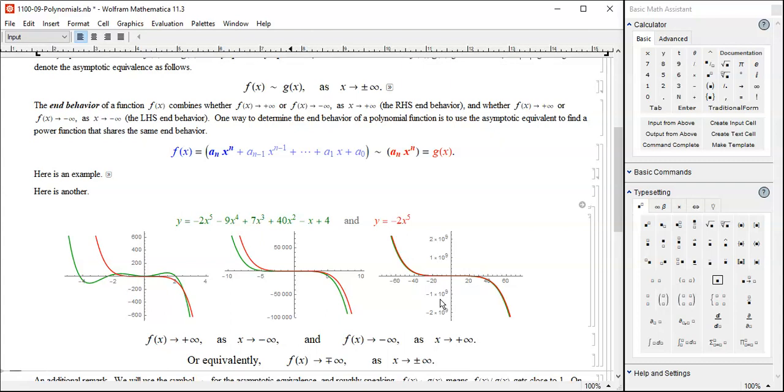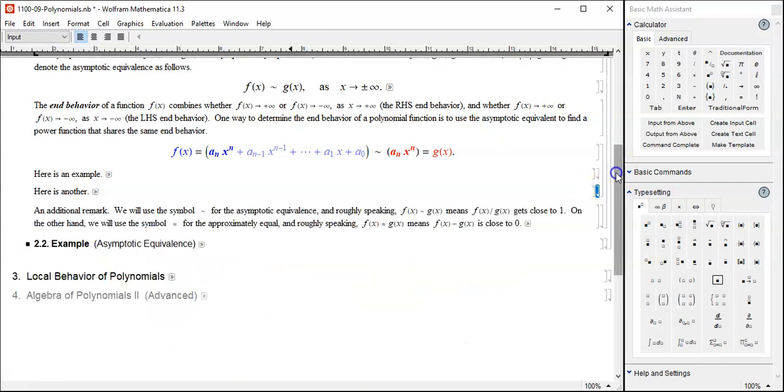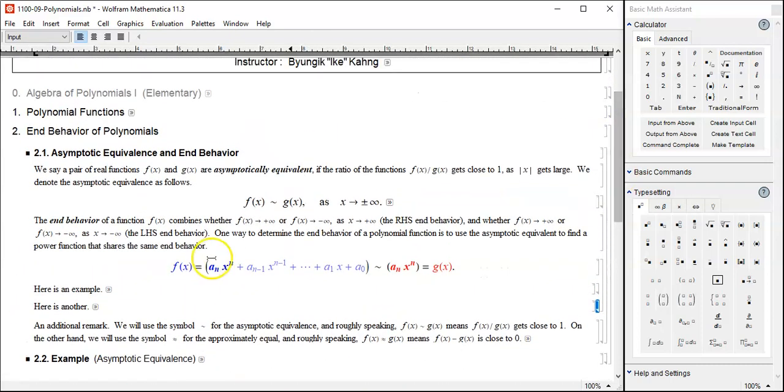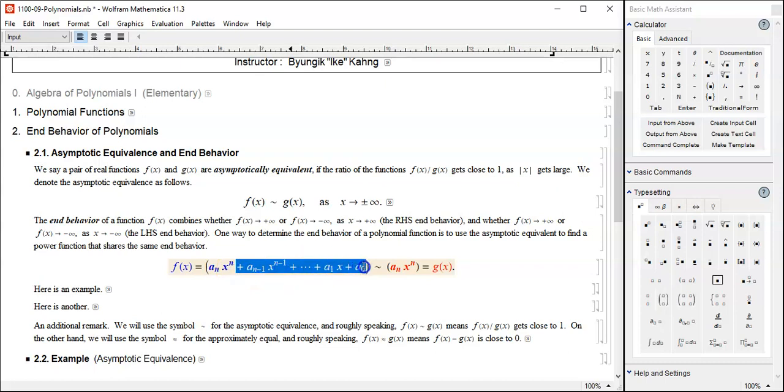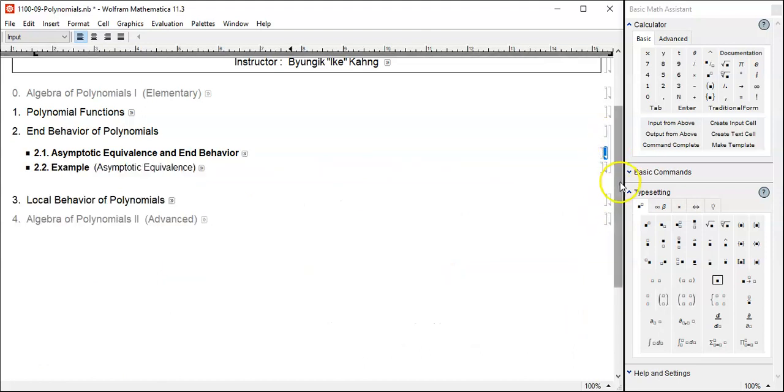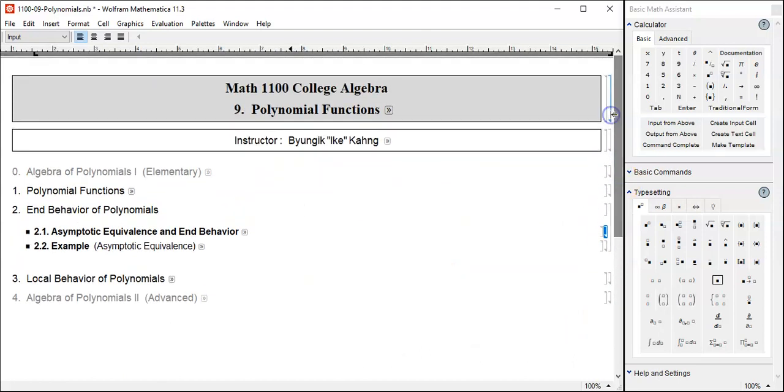So that's how we get the end behavior. So if you want to find out the end behavior of a polynomial function, throw away all these and then look at the end behavior of the leading term. It's that simple. Okay, do we have enough time for some exercises?